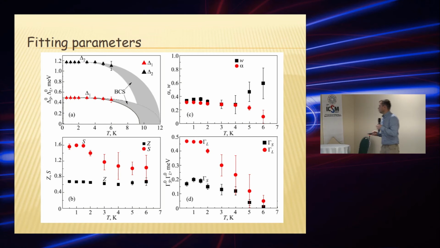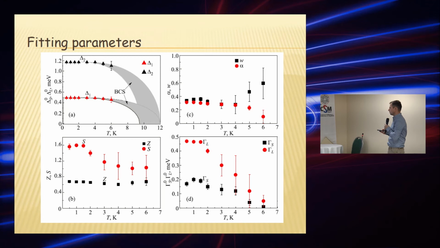Here I just want to show you how hard it was actually to do this matching, because at low temperature we still have some discrepancies which we can manage to get around, but as soon as we start to heat up the samples to 5-6 Kelvin, the discrepancy and the ability to choose the parameters became so high that further we cannot match our data.